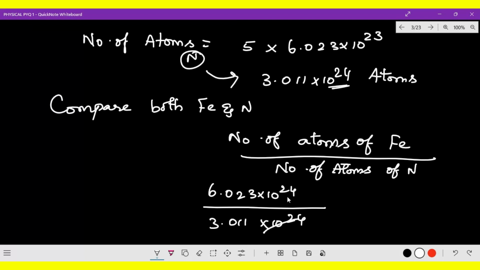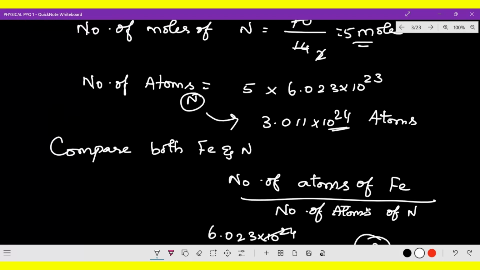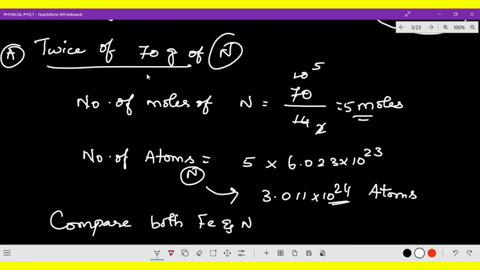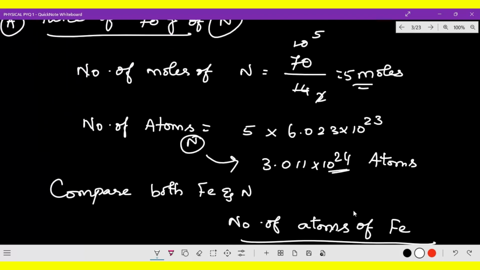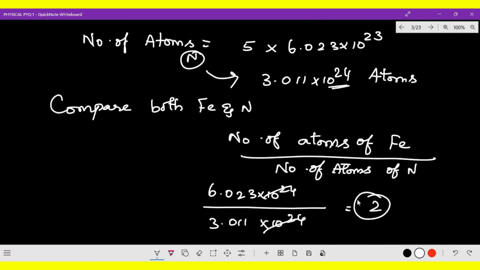So this and this will be cancelled. A simple, logical way: 3 twos are 6. So we get 2. The question says twice that of 70 gram, and yes, it is 2. So option A is correct.